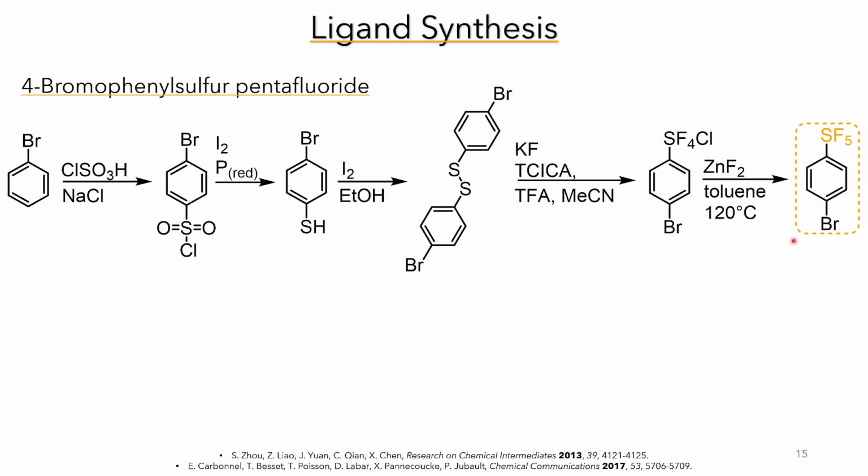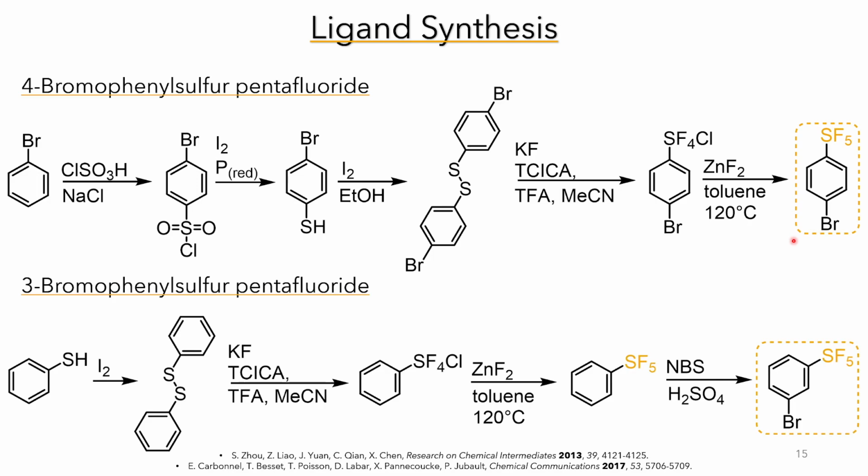Also, if needed, we could do a synthesis of the 3-bromo phenyl sulfur pentafluoride. However, we would do this a little bit differently: we would first synthesize the aryl SF5 through the reported procedure, and then, since this is a very, very powerful electron withdrawing group, we can be assured that nucleophilic addition here would proceed quite rapidly and selectively at the meta position to give us the meta substituted bromine.